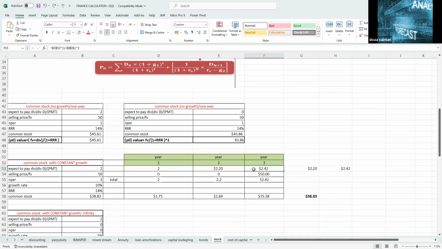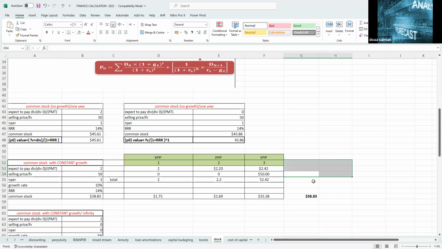So it is 2.2. The next one, I'm going to say that this 2.2 times 1.1 will give me 2.42. This is very simple and very easy. It depends on the rates that you are going to have.